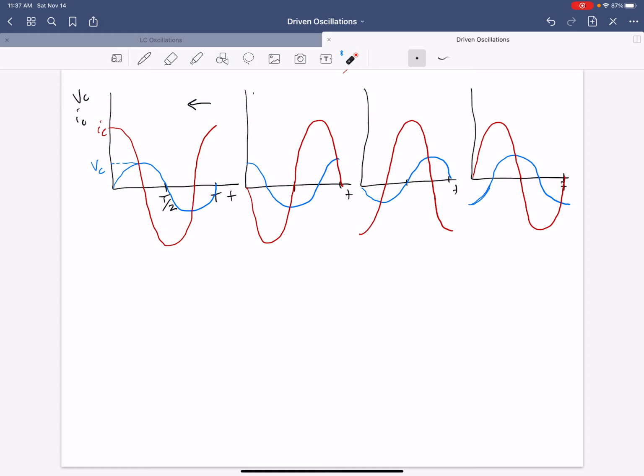But more importantly, this maximum is always 1/4 of a phase in front of the blue maximum, right? The current is always in front of the potential, right, for a capacitor. And that's why we can say that the current leads voltage.